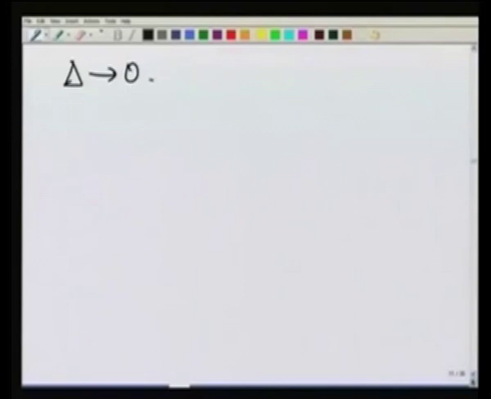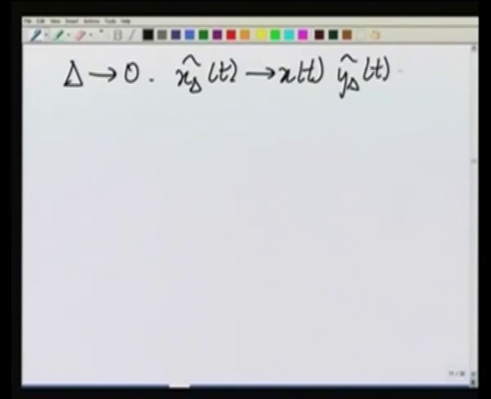Now, the final step of taking Δ to 0. As we take Δ to 0, let us see the various things which happen. The various things which happen will include x̂_Δ(t) becoming x(t), ŷ_Δ(t) becoming y(t) as Δ tends to 0.